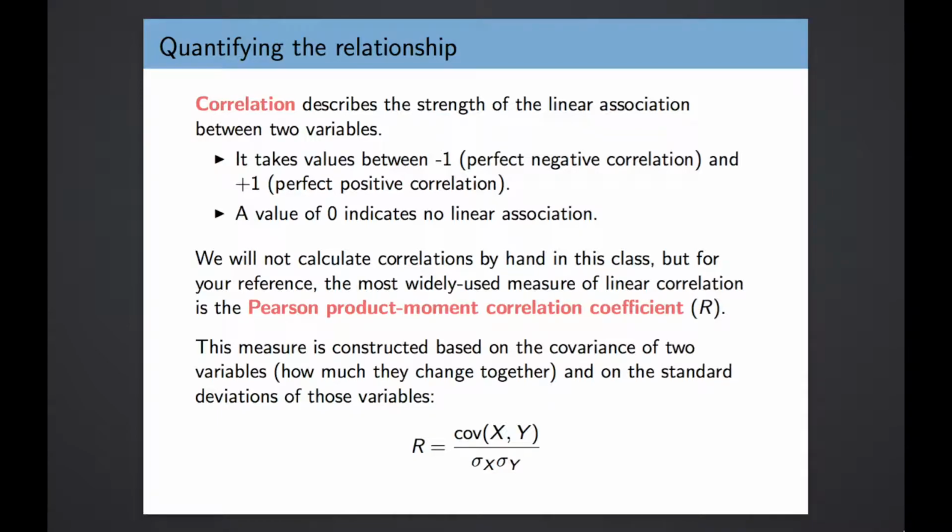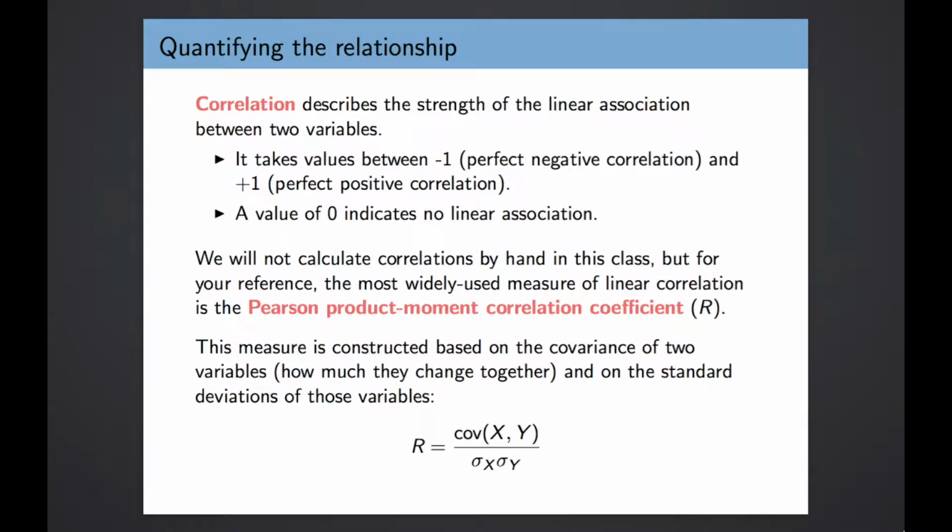So both -1 and positive 1 indicate that there is a deterministic relationship between these two variables. So if we know the value of one variable, we know exactly what the value of the other variable will be. That's what it means for them to be perfectly correlated. A value of 0 for the correlation coefficient means that there is no linear relationship between those variables.